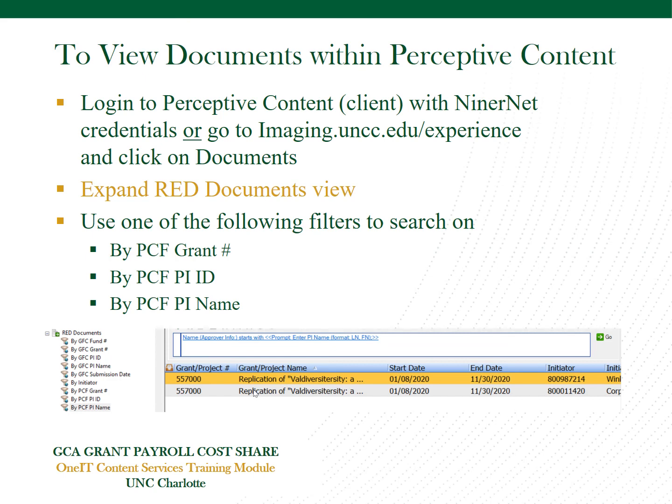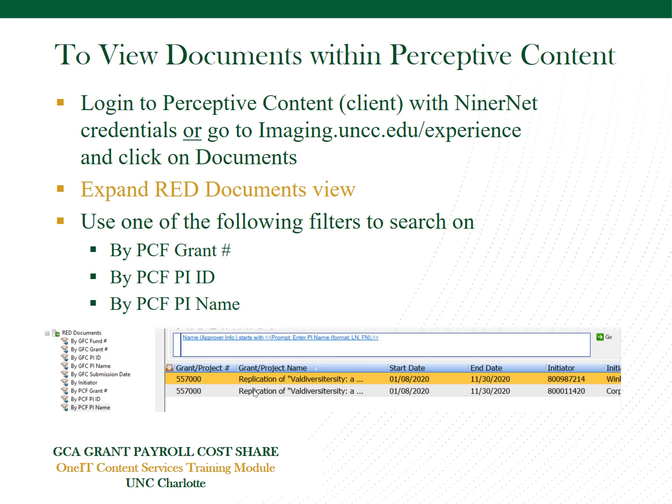From either option, you would go to the left navigation pane, expand the red Documents view from within Documents, not Workflow, and you can use any of these three filters to look for documentation: by PCF grant number, by PCF PI ID, or by PCF PI name.